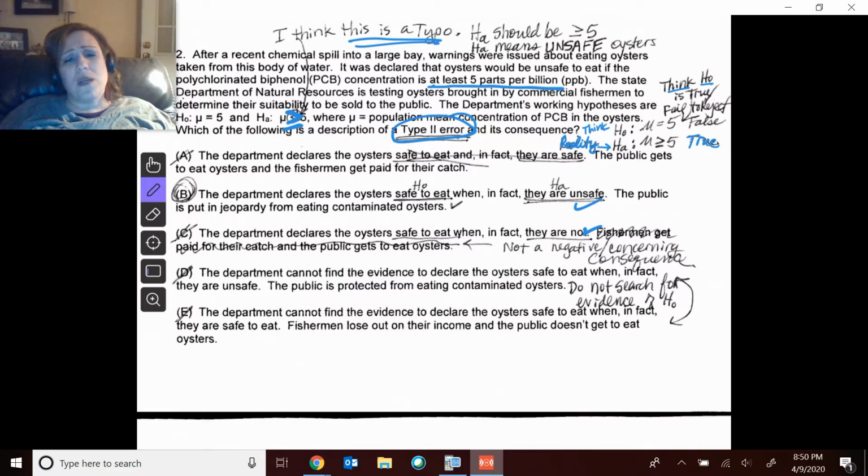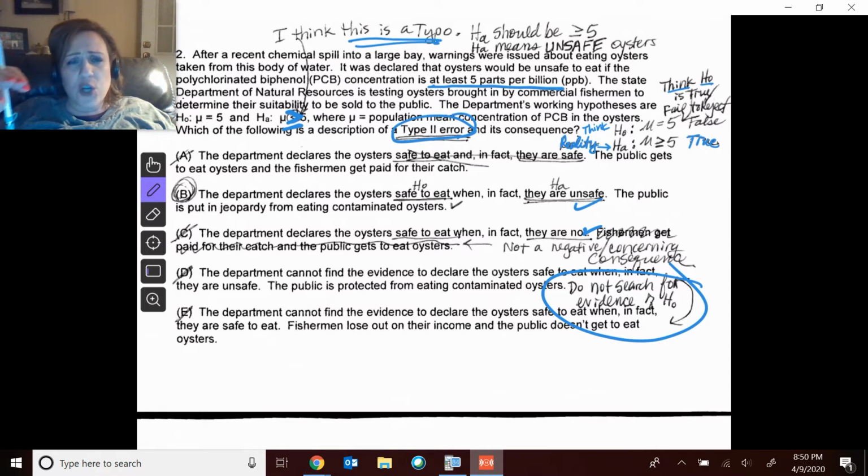They can, so, and then look at E. They cannot find evidence to declare them safe. Okay, so in both parts D and E, both of those statements are saying you do or you do not have, whichever one it is, it doesn't matter, evidence of H0. We never ever say we have evidence or we do not have evidence of H0.